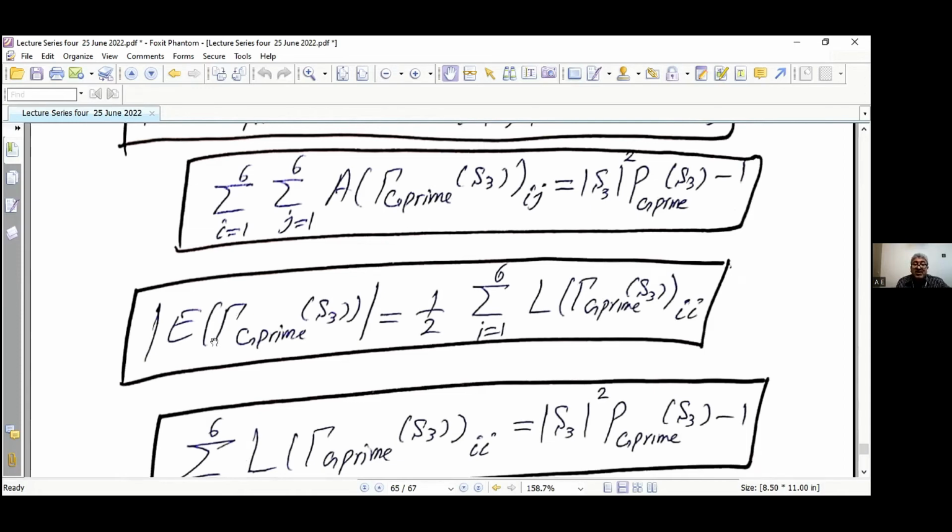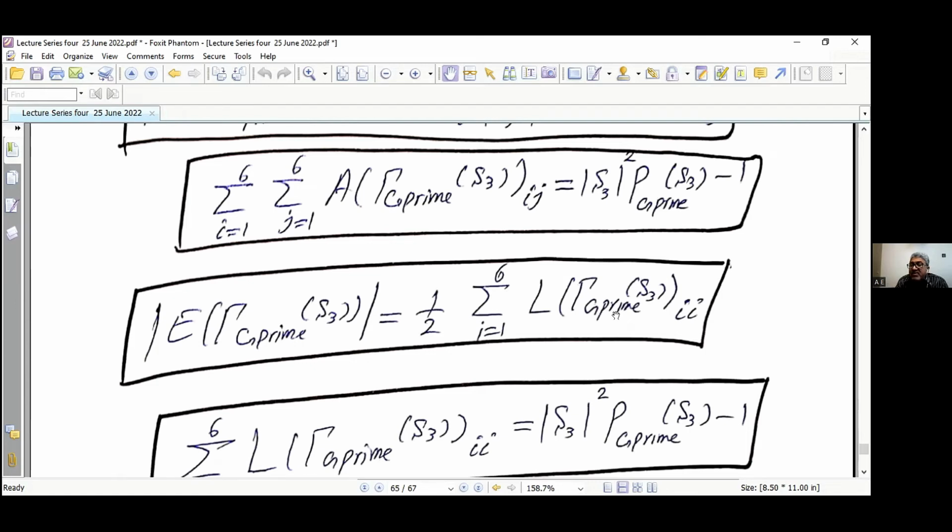And also we can see that the number of edges in the co-prime graph is half of the sum of entries in the Laplacian matrix. Look at the Laplacian matrix. In the Laplacian matrix, the entry on the diagonal is the degree of the vertex. So the sum of all entries on the diagonal is the sum of degrees of all vertices.